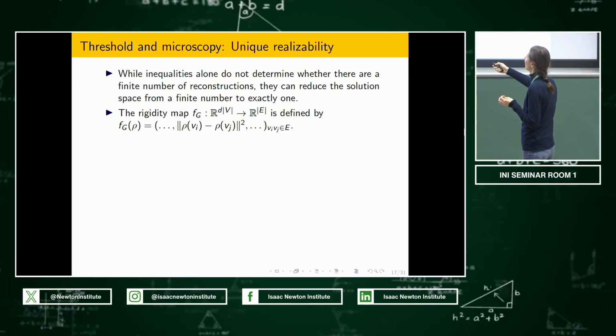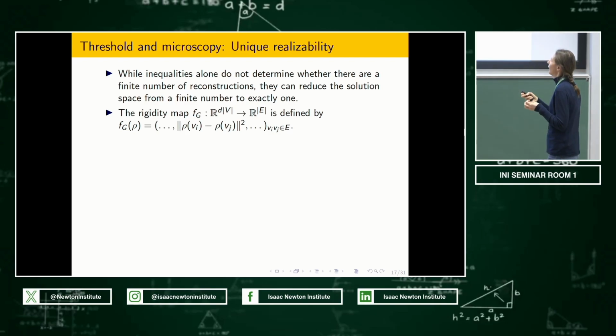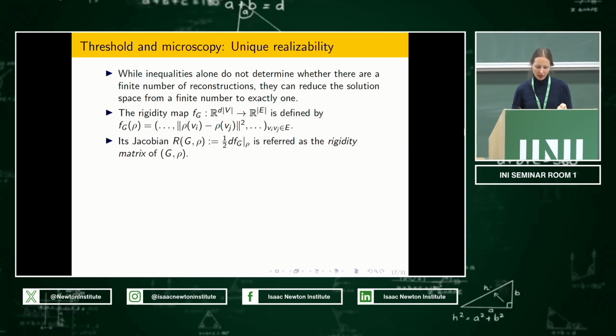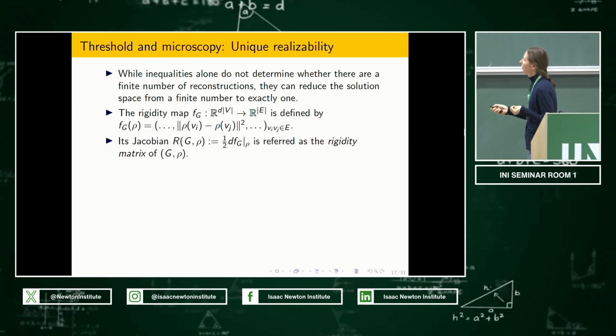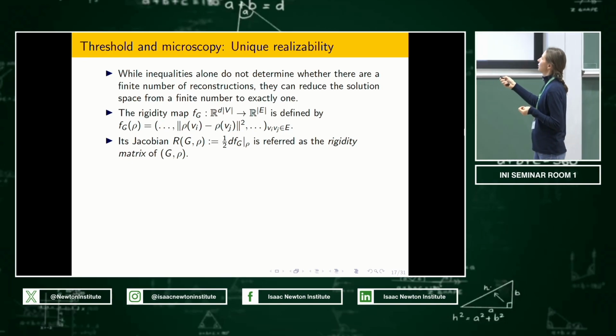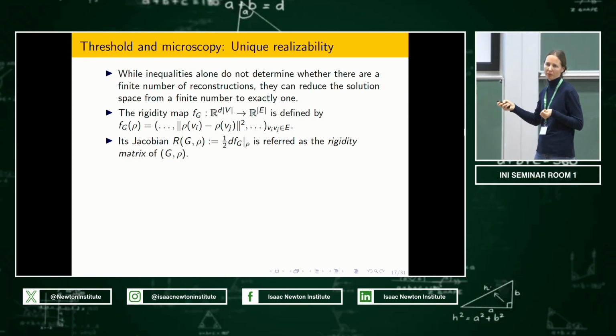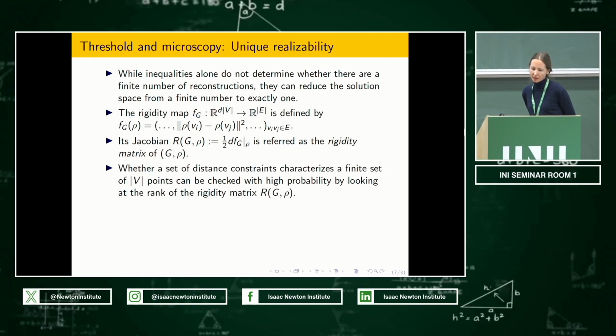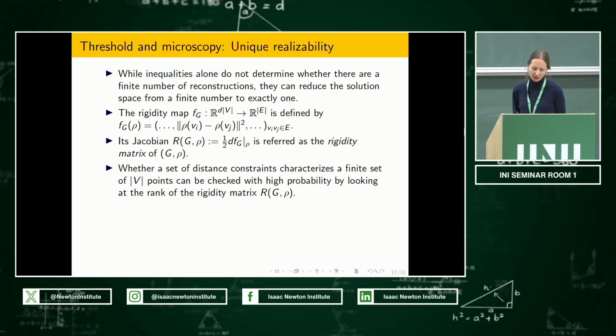So we have a realization, and for every edge, it maps to the squared distance between the corresponding vertices, or the squared edge length. And then the rigidity matrix is the Jacobian of the rigidity map. And whether a set of distance constraints characterizes a finite set of points can be checked with high probability, or generically, by looking at the rank of the rigidity matrix.